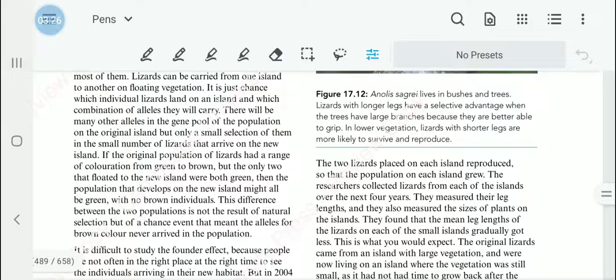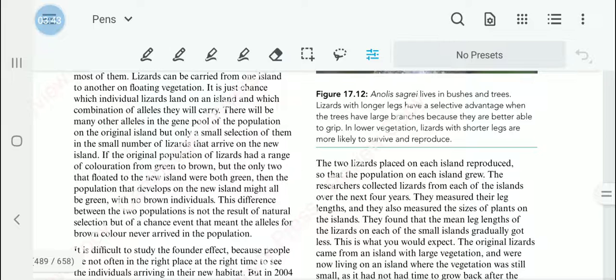Then they realized that subsequent generations had smaller arms and legs in comparison to the earlier lizards, the earlier generation.